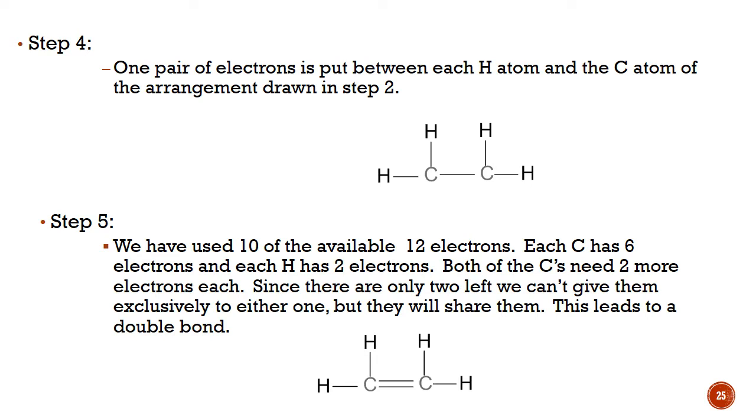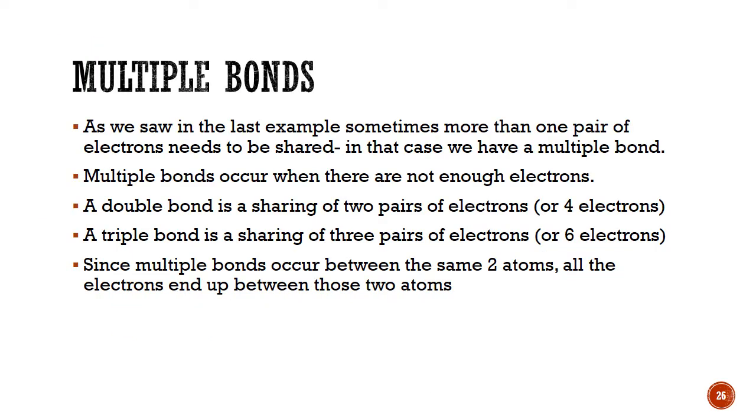And you can see on the bottom what we've done is drawn a second bond between the 2 carbons, and this is called a double bond. So sometimes if there's not enough electrons for everyone to get 8, we have to give a double bond or a multiple bond. So a multiple bond occurs when there's not enough electrons.